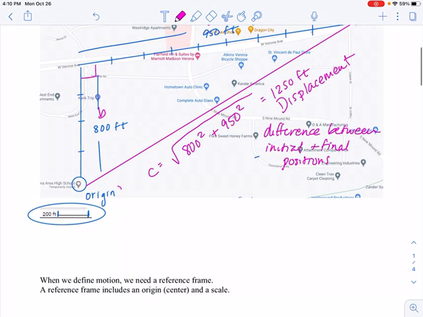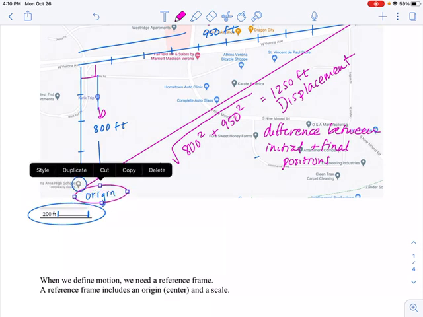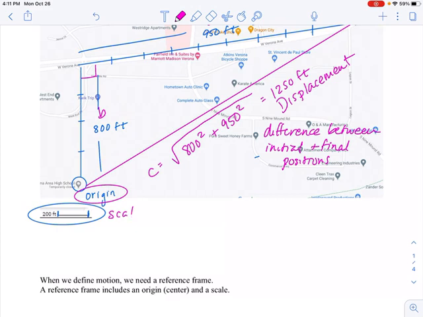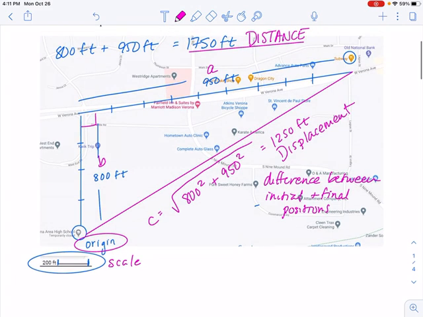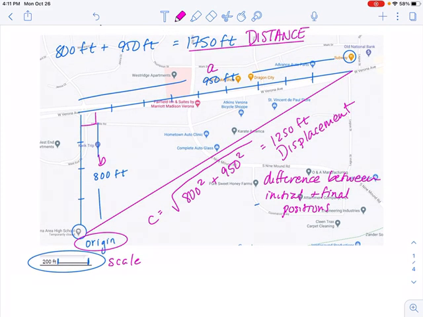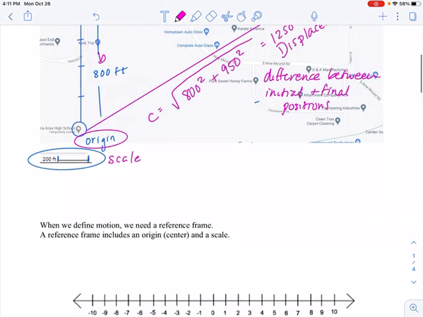Finally, please remember that we have an origin and we have a scale. And this really summarizes a lot of what we are going to study in this first section.